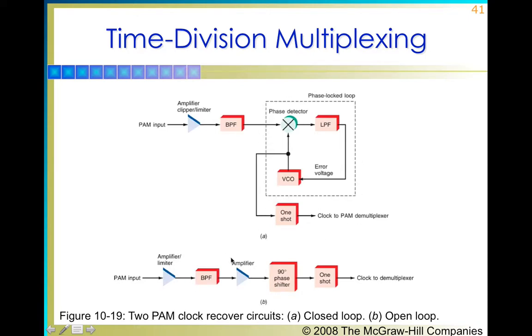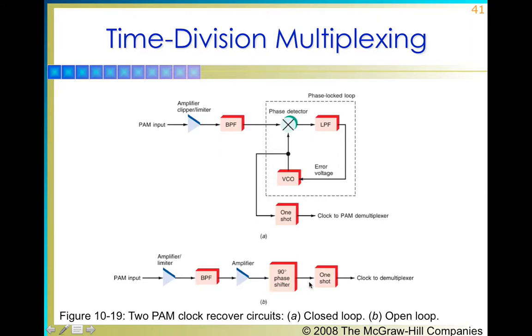Another way to detect the clock signal is the open loop way, in which the PAM representation is fed to the amplifier limiter, where it is clipped, transformed into a sine wave signal by the band pass filter, further amplified, and then there is a phase shift of 90° done over here.